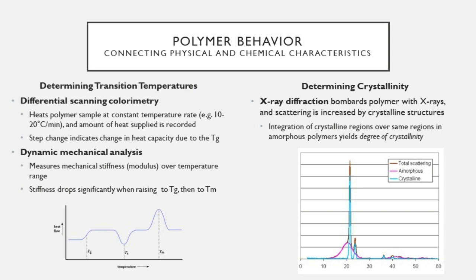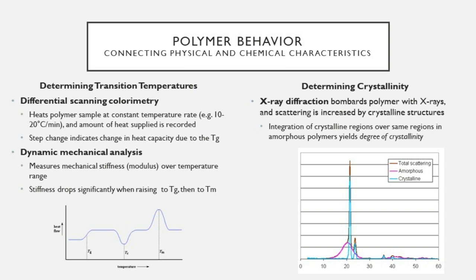So like in the graph shown below, we have the heat supply on the y-axis, the temperature on the x-axis, and we can see the various plateaus or step changes that indicate whenever one of these temperature transitions has occurred.